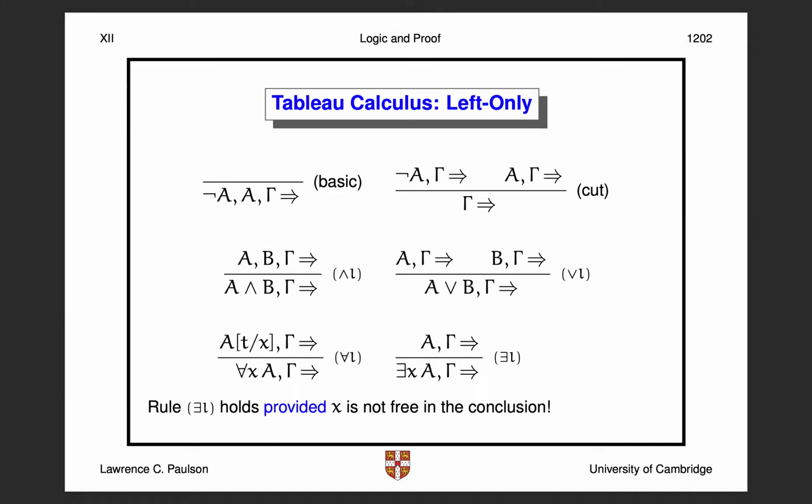So here is the Tableau calculus that we get. Now incidentally, here we have only the left side of each sequent arrow. If you look carefully, you may note that many of these are the sequent calculus rules you already know. So here we have and on the left. It's the same rule as before.